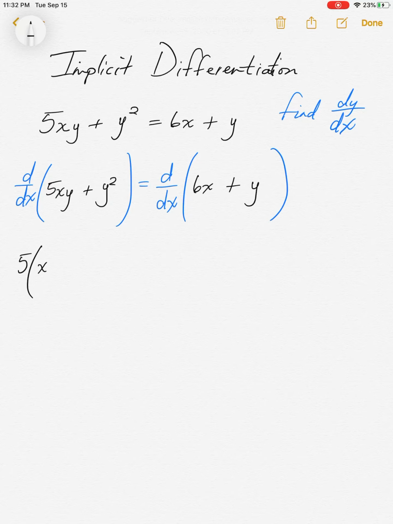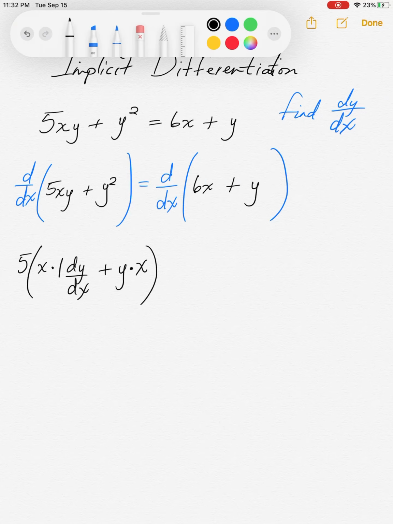So we have the first, which is x, times the derivative of y, which is 1 dy dx, because we took the derivative of y with respect to x, plus the second, which is y, times the derivative of the first, which was x.